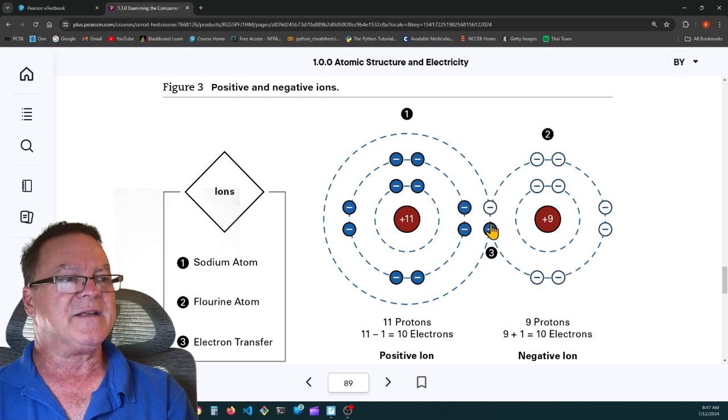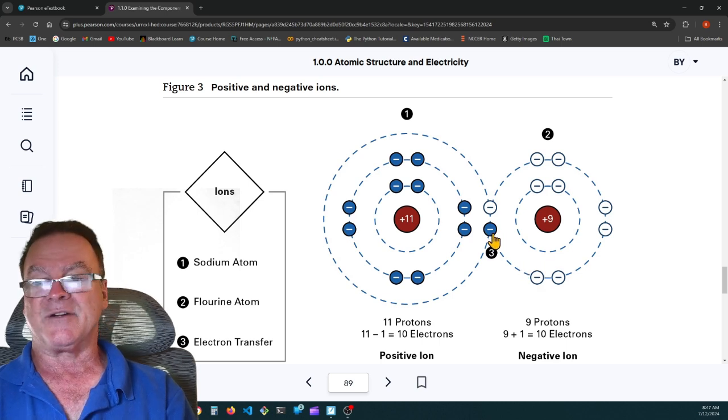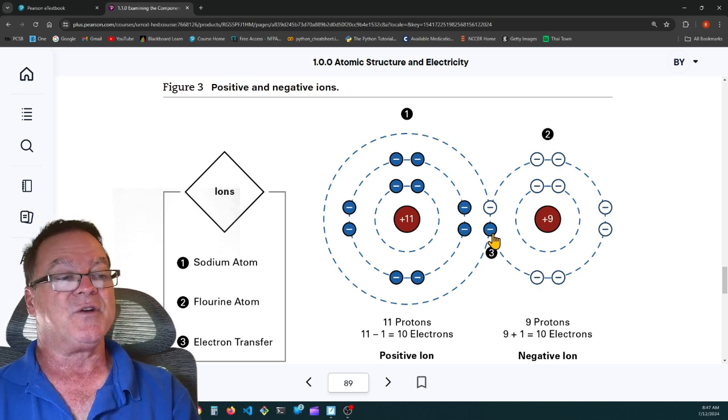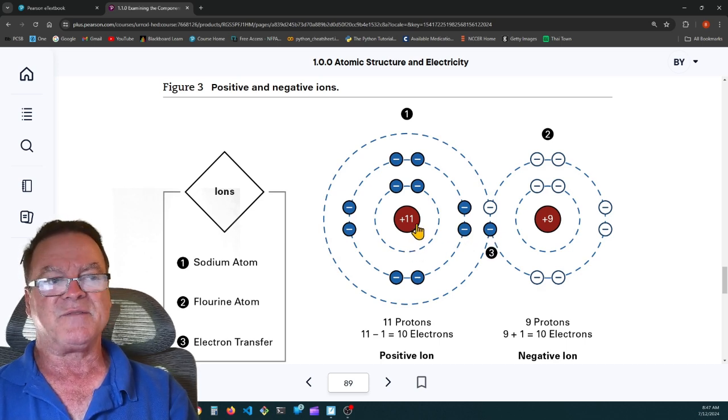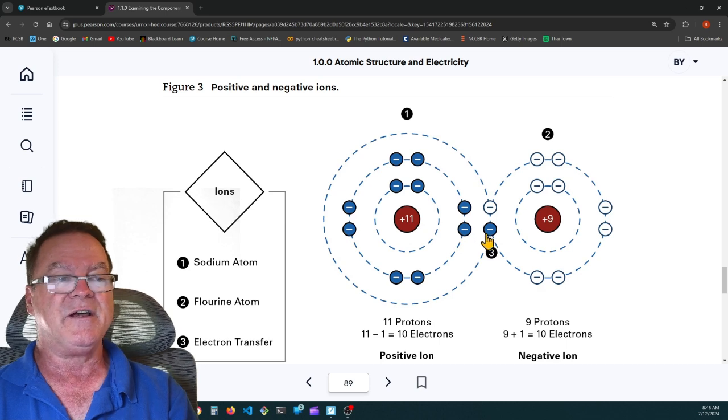But the fluorine atom has 7 electrons in its valence shell, and it would like to have 8 electrons in order to be happy. So it borrows one of the electrons from the sodium atom, and it becomes a negatively charged ion. The sodium atom becomes a positively charged ion because it gave up one of its electrons. Now it has more protons than electrons.